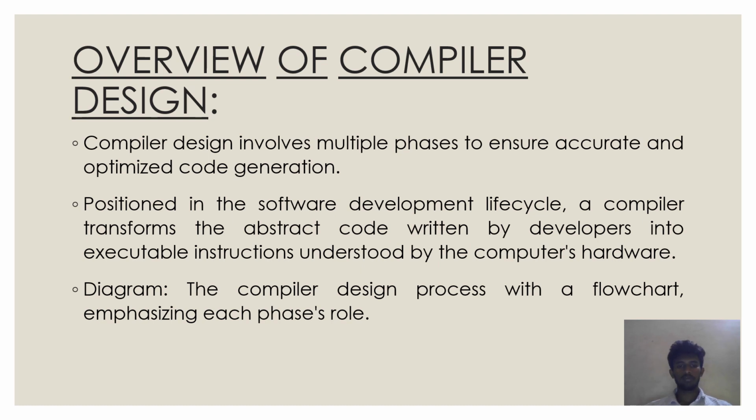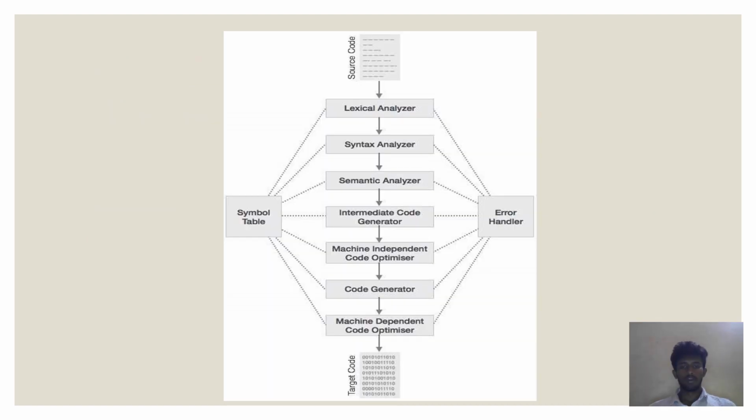The diagram of the compiler shows the process with a flowchart, emphasizing each of the phases involved. The different phases of the compiler are the lexical analyzer, syntax analyzer, semantic analyzer, symbol table, intermediate code generator, error handler, machine independent code optimizer, code generator, and machine dependent code optimizer.